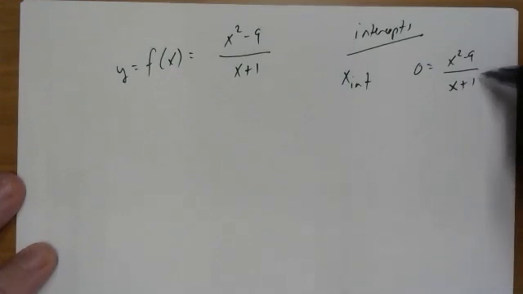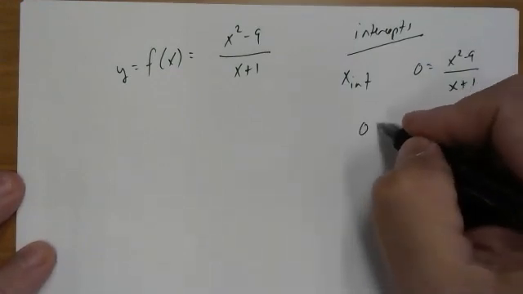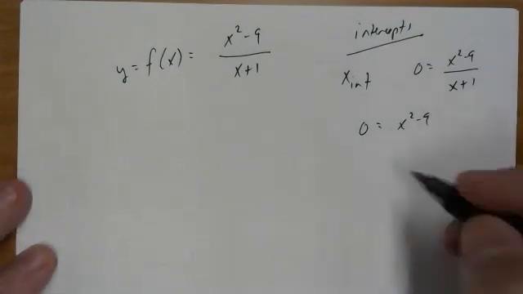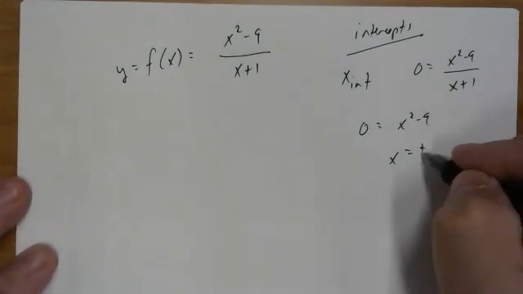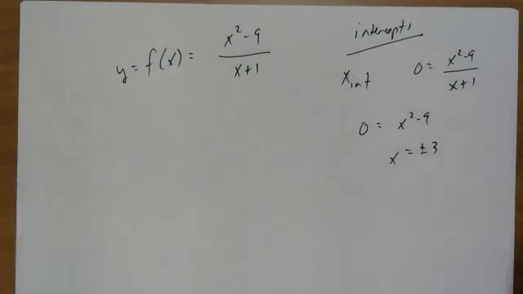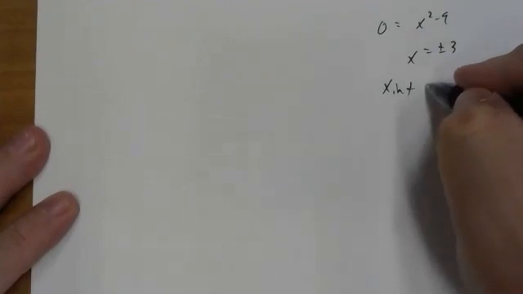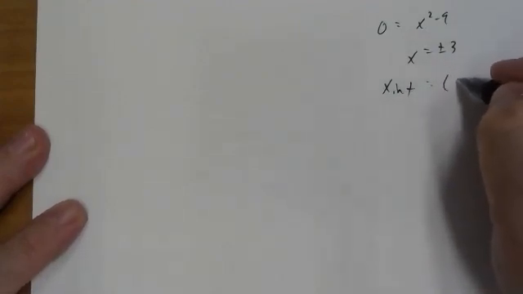I multiply both sides by x plus 1, end up with 0 equals x squared minus 9. If I solve this, I get two solutions. x equals plus or minus 3.